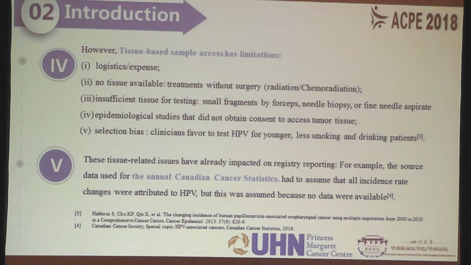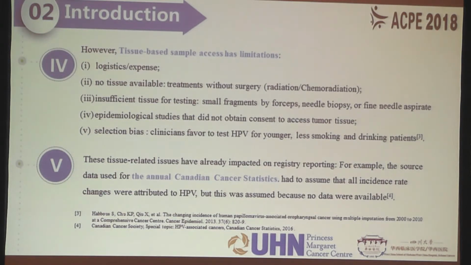The first one is the logistics and expense when we are shipping samples across the world or across different institutions. The second one is that some patients were treated without surgery, such as with radiation or chemoradiation, so they have no tissue available.